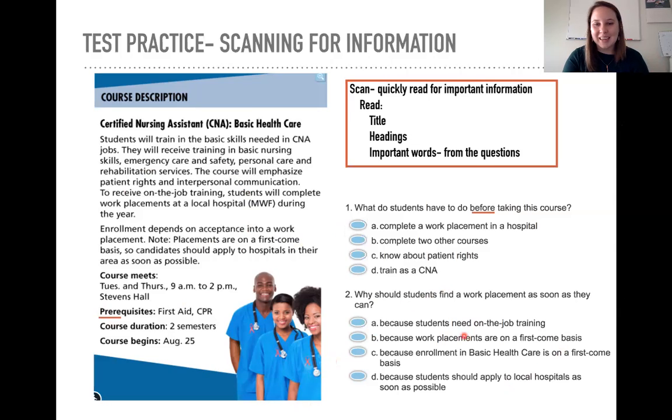Number 2 says, why should students find a work placement as soon as they can? So, what are some important words in the question?